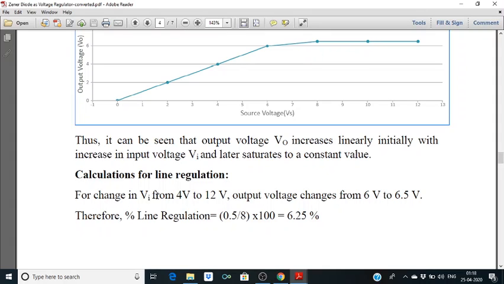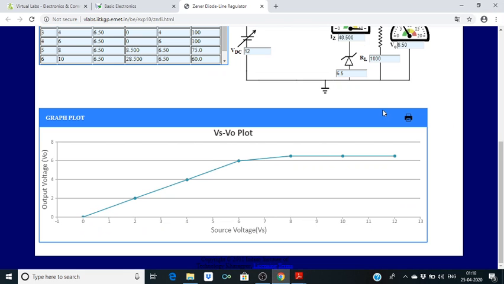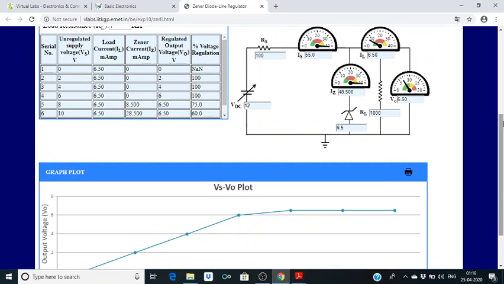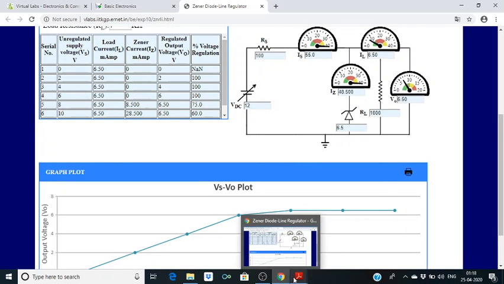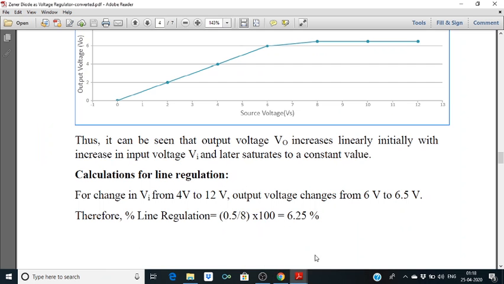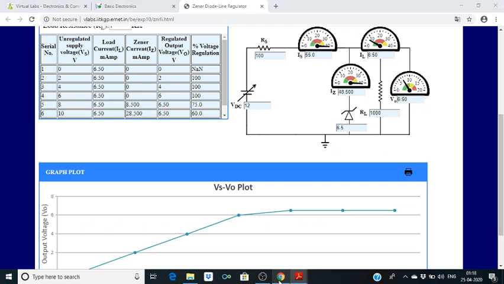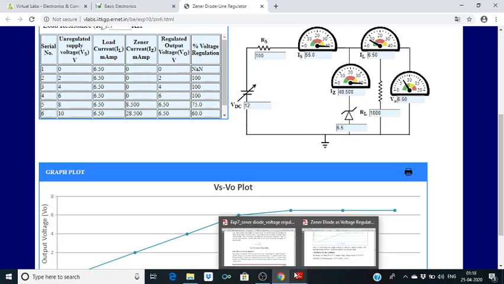For the change in Vi from 4 to 12 volt, we can see through the observation table that the output voltage changes from 6 to 6.5.